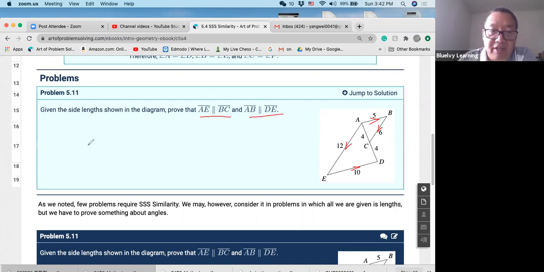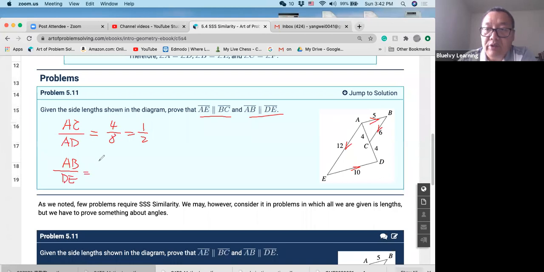Now let's see here. AC over, let's say, over AD equals 4 over 8 equals 1 over 2, right? Then we can calculate AB over DE.